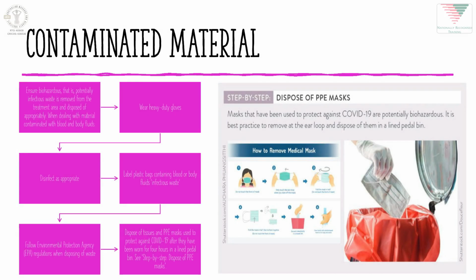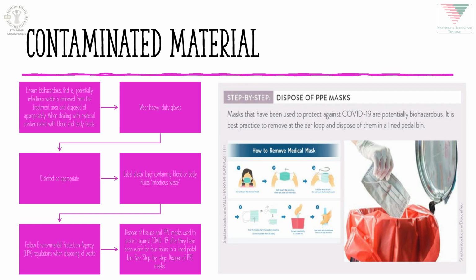Contaminated material. Ensure biohazardous, that is, potentially infectious waste is removed from the treatment area and disposed of appropriately. When dealing with material contaminated with blood and body fluids, wear heavy-duty gloves. Disinfect as appropriate.